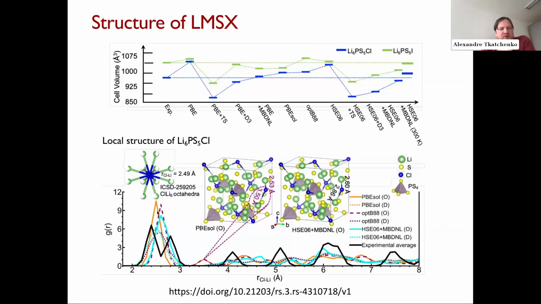So here one thing you can already see is that the level of disorder matters a lot. For example, if we move from this blue solid line to the blue dashed line, which is HSE plus NBDNL for an ordered structure and for a range of disordered structures, you already see quite some difference there.